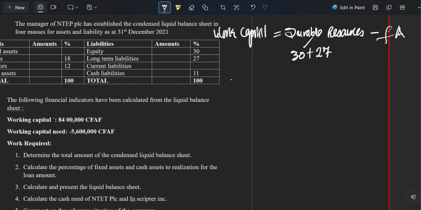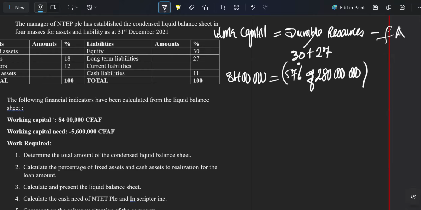Now, according to the question, working capital is 8.4 million, which is equal to 57% of total, 57% of 280 million, minus our fixed assets. So 8.4 million equals 159 million minus our fixed assets.